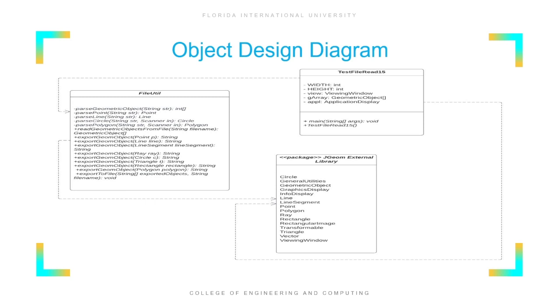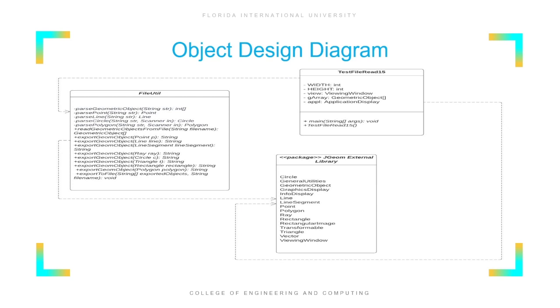As well, here you see the UML for the Java side. We see test file read, we see file util. We see file util has no public variables. It uses the ones from the package of JGeome for smooth transition.